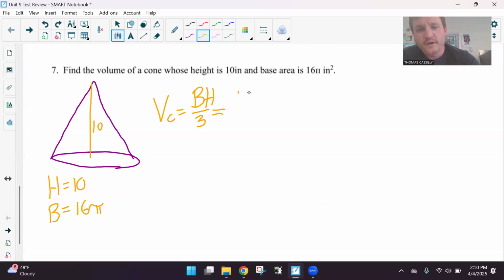This is just going to be 16 pi times 10 divided by 3.